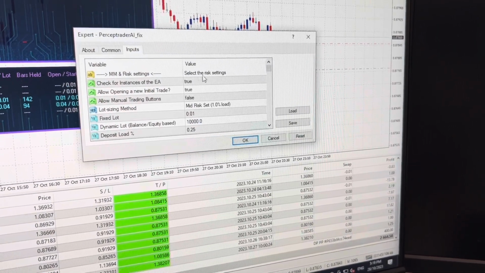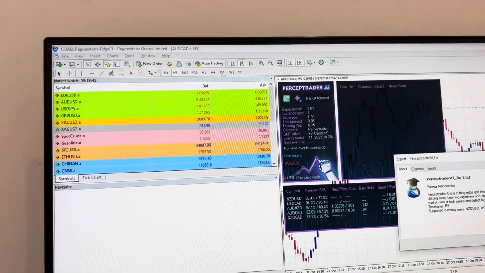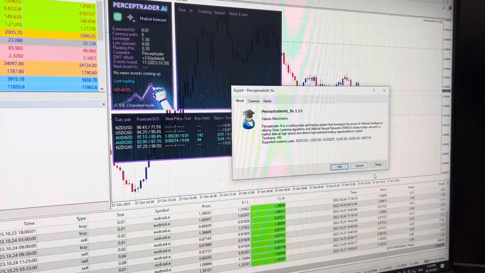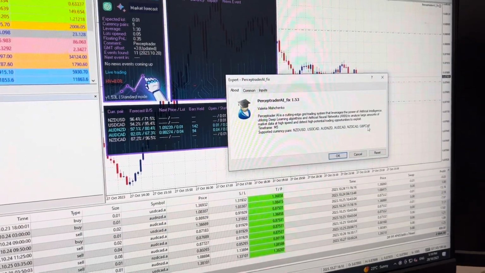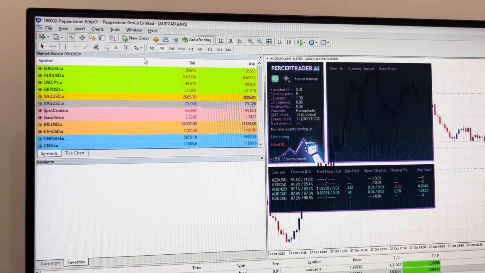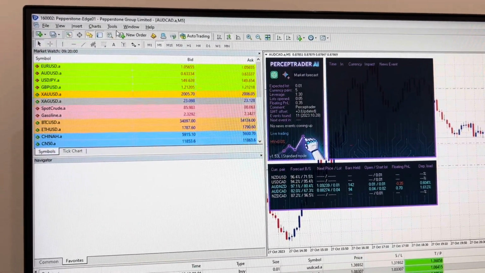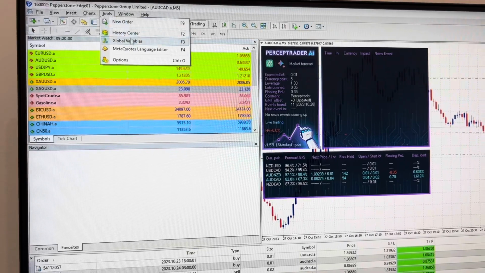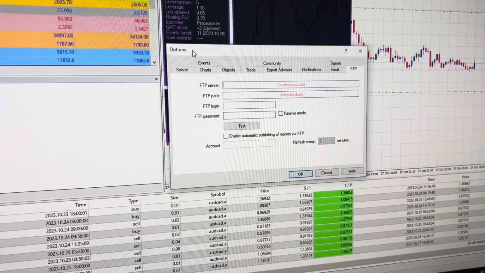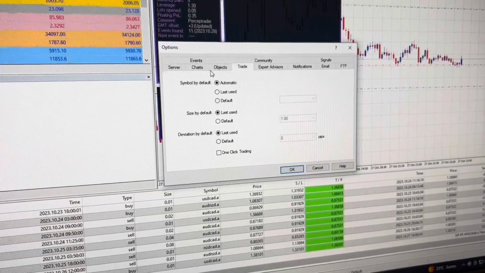And that's pretty much it. Now to get it, when you do initially set it up, you do need to allow, I'll just show you. So it did support GBP CHF, but we've actually taken that off. In the settings here, you go into the options here.